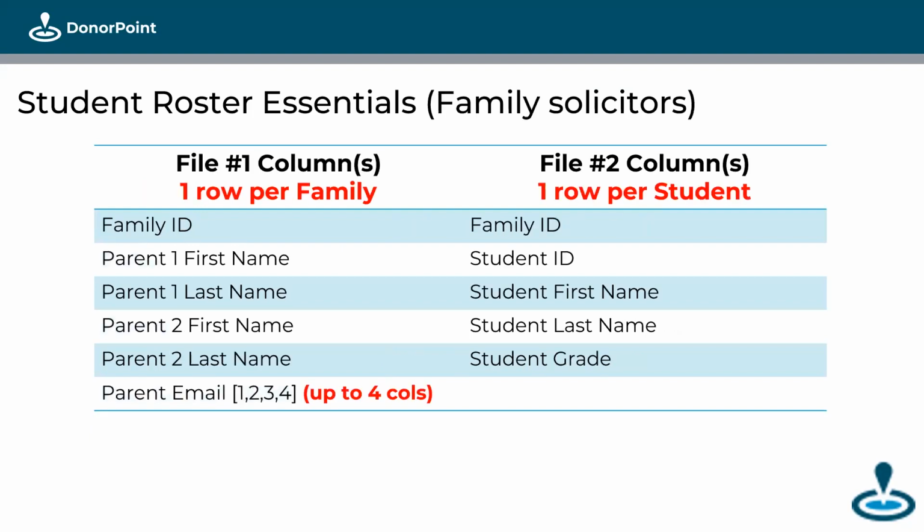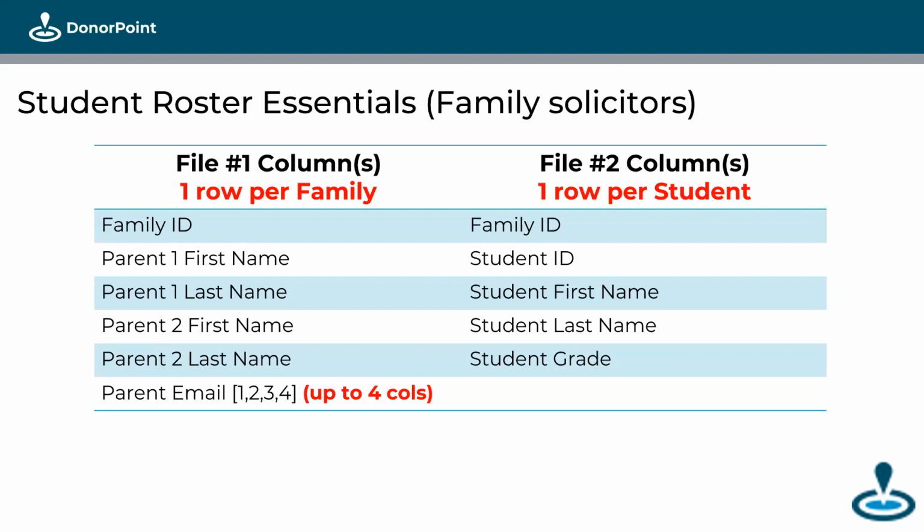If you are instead running a family raffle, where each family has a quota and is considered a single fundraising unit for the purpose of the raffle, it's a little bit different. You're going to provide us with 2 files or 2 tabs in the same spreadsheet.